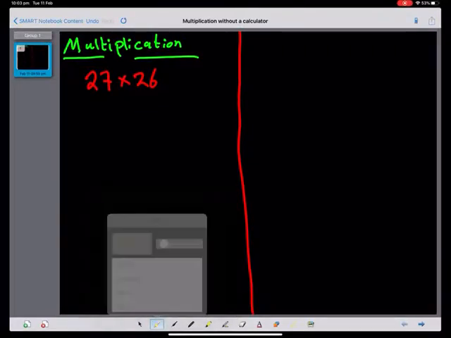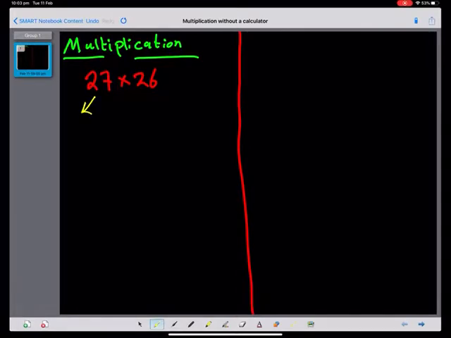Okay, so hopefully you've done that now. So let's have a quick look. We can partition this into tens and units. So we've got 20 and 7, 2 tens and 7 units. Got 20 and 6.